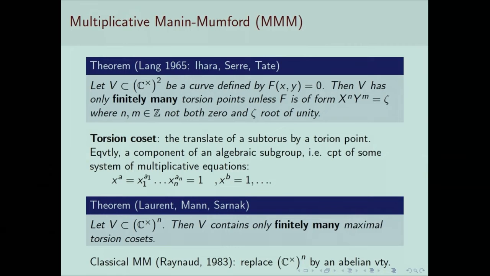So your new statement becomes that your variety V contains only finitely many maximal torsion cosets, and they might be individual torsion points or higher dimensional things defined by multiplicative equations.